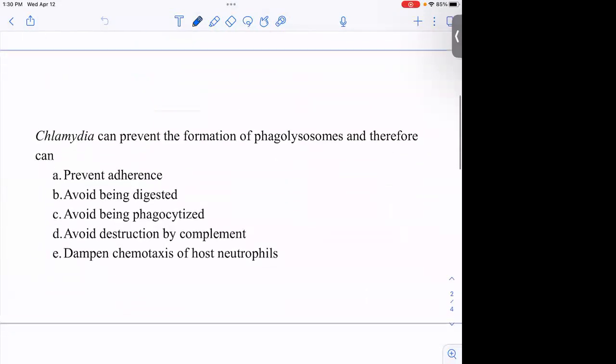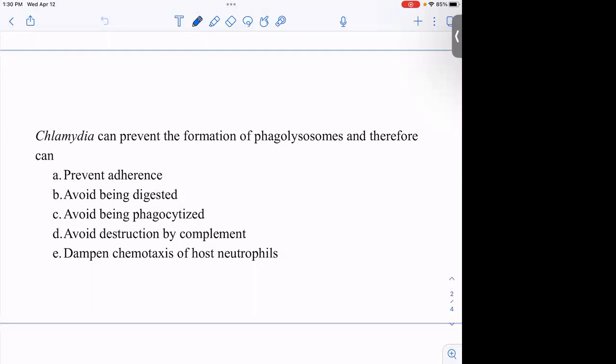I just really want to talk about a couple of questions that were commonly missed. There were a couple of other ones that less than 50% of you got right, but these were two of the most common ones. This question is really just getting at the steps of phagocytosis.